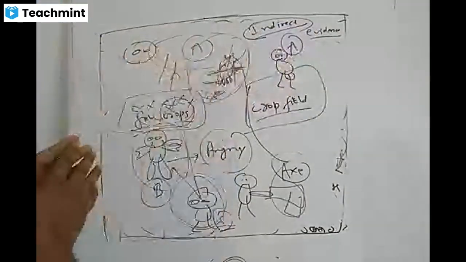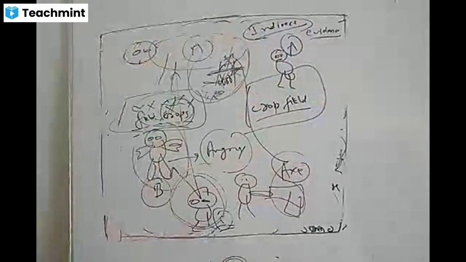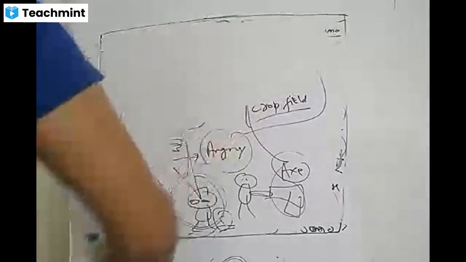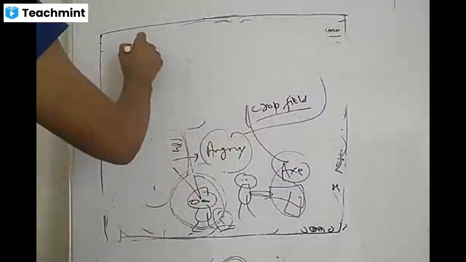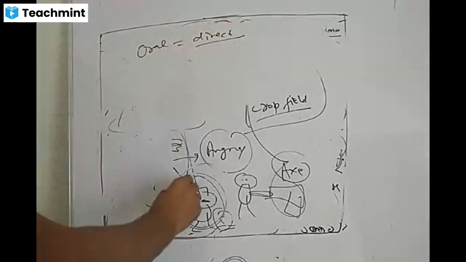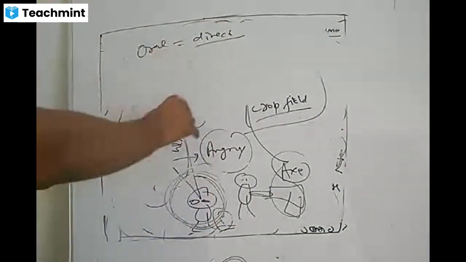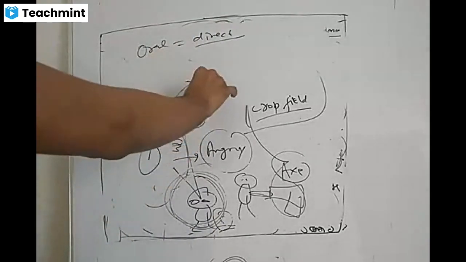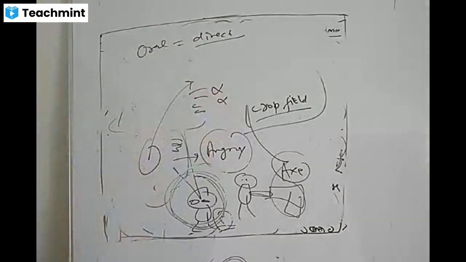This is known as indirect. Then there is one third category of oral evidence. So oral evidence may be direct. Direct means person C actually saw B cutting the tendon and stabbing the udder.